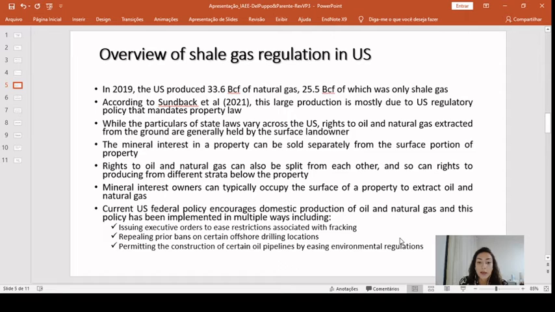Rights to oil and gas can also be split from each other, and so can rights to produce from different strata below the property. And current U.S. federal policy encourages domestic production of oil and gas, and this policy has been implemented in multiple ways, including these three points.